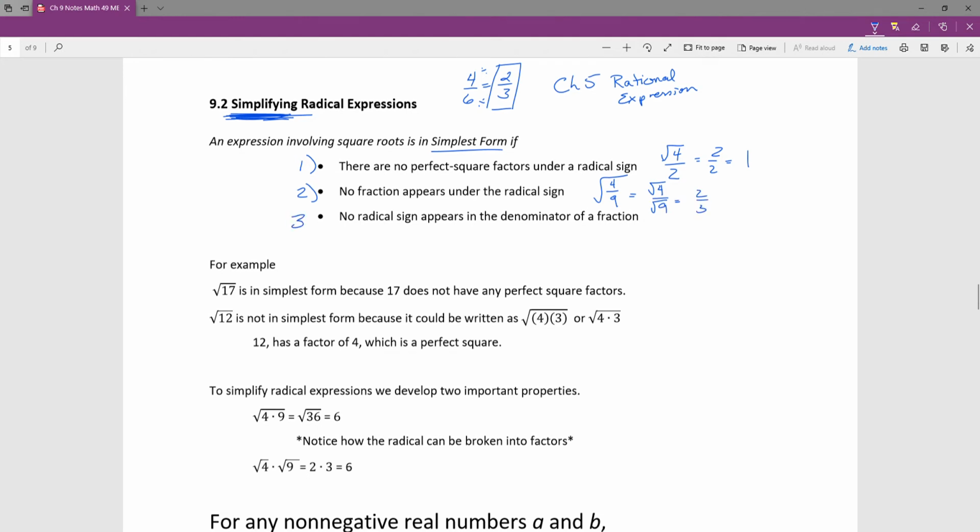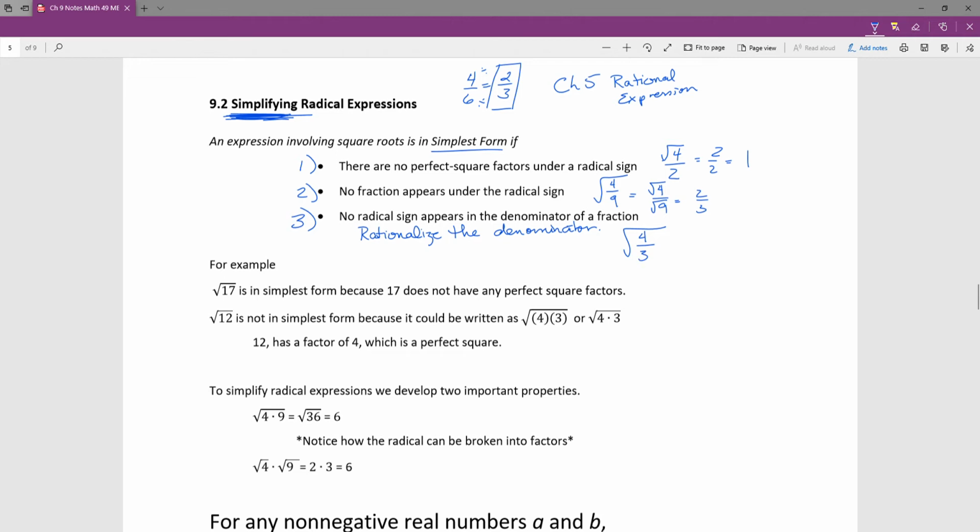The third bit here is that no radical sign can appear in the denominator of a fraction. The example for this one, where we're going to learn how to rationalize the denominator, would be, let's say, the square root of 4 over 3.